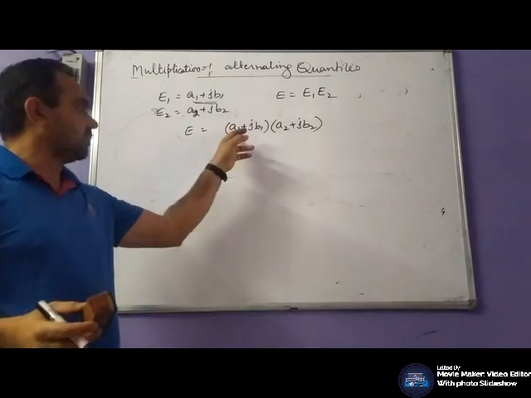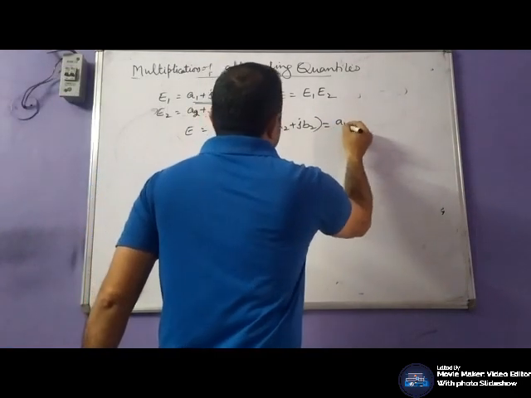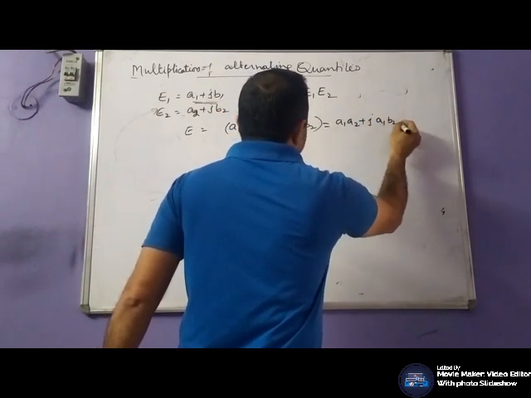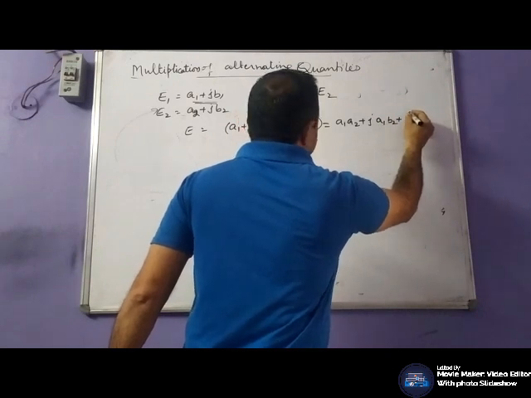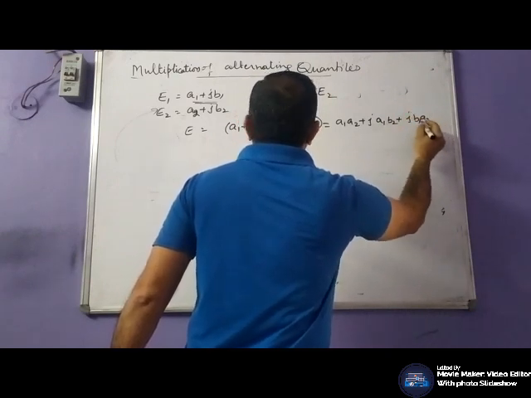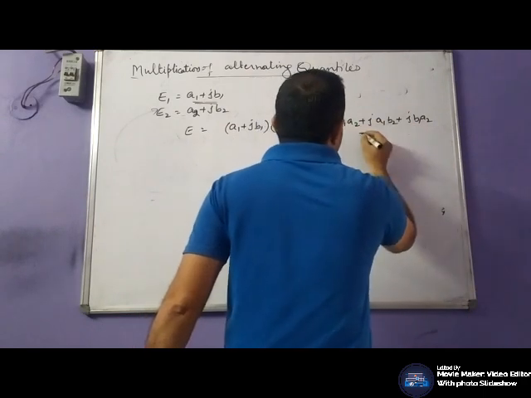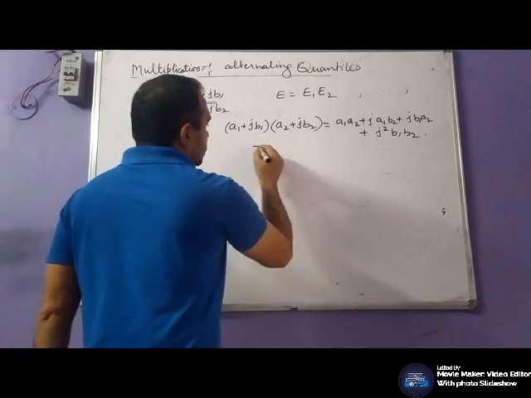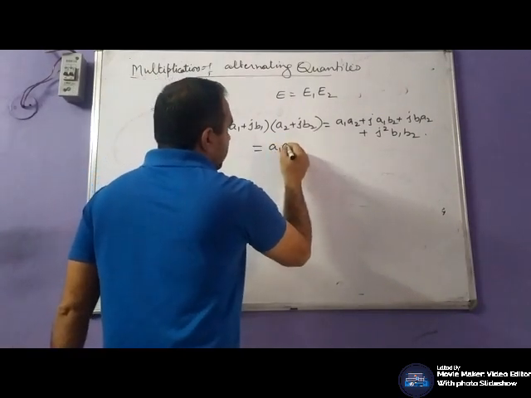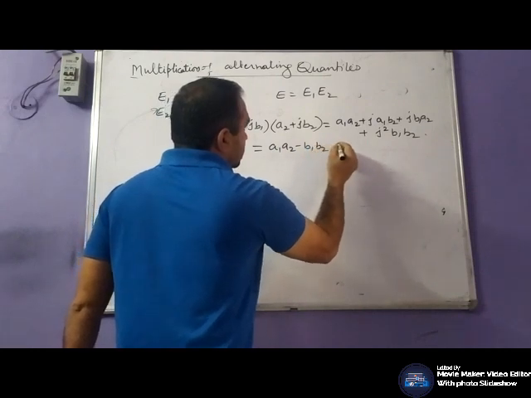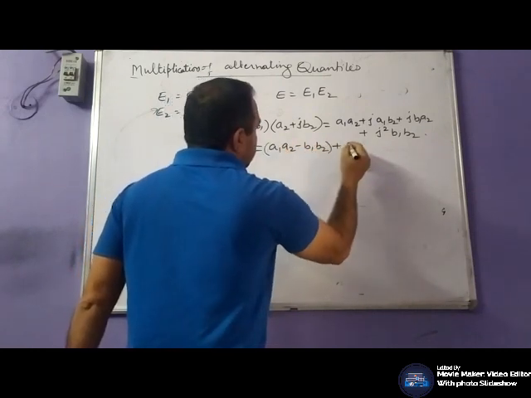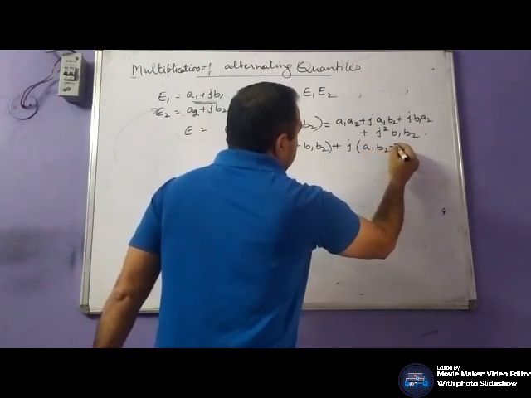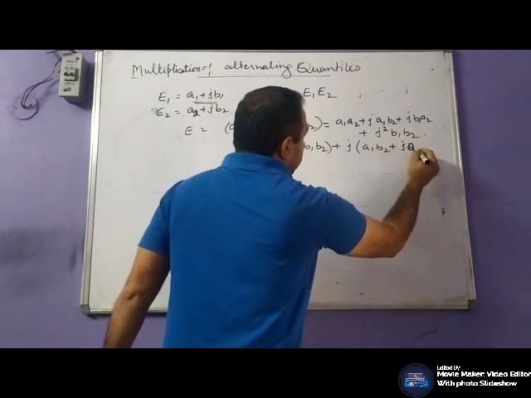So you will multiply them: A1 A2 plus j A1 B2 plus j B1 A2 plus j square B1 B2, or this would be A1 A2 minus B1 B2 plus j A1 B2 plus j A2 B1.